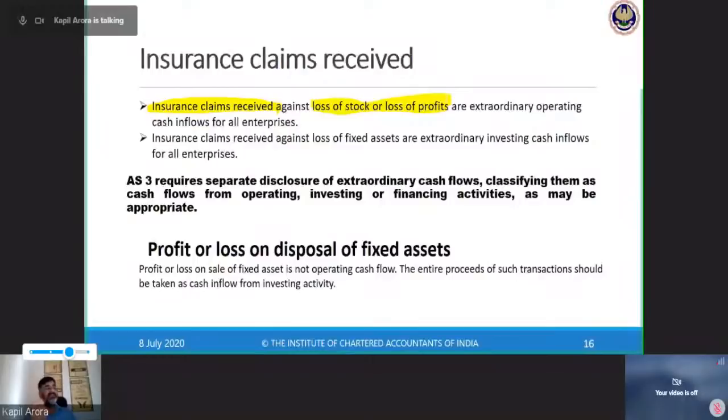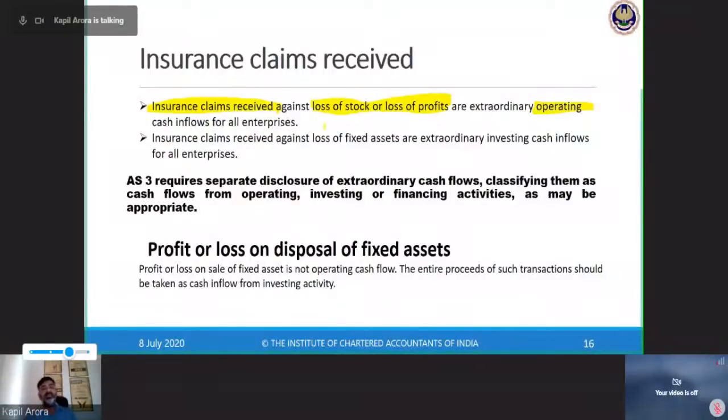Now, if an insurance claim comes up, it means I am getting something against the loss which I have incurred in the operations. So an insurance claim for a loss incurred in the operations will always be considered as operating cash flows.